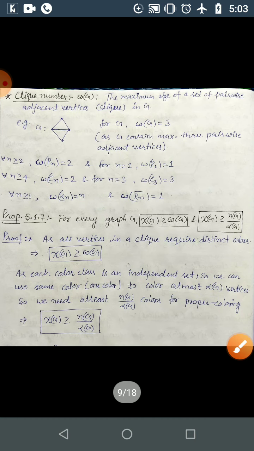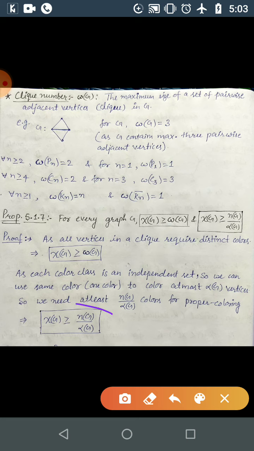Okay, so here we are done with this one, and hence you can just say the chromatic number, that is the minimum number of colors we need to color the graph, is at least n divided by alpha(G).